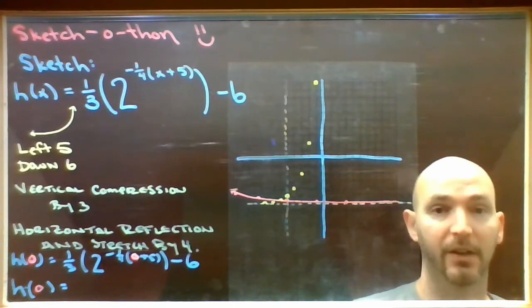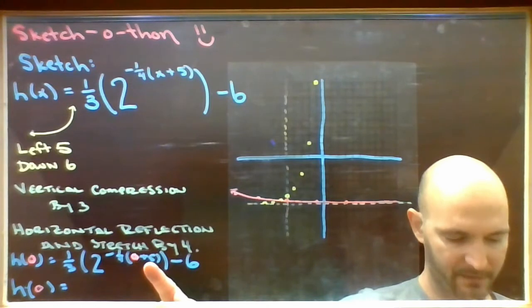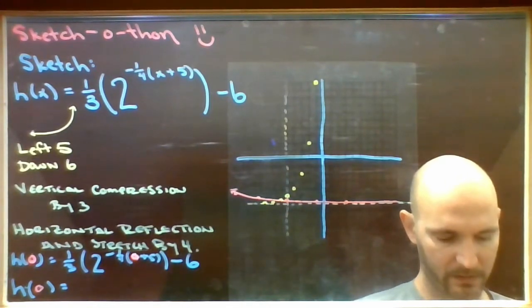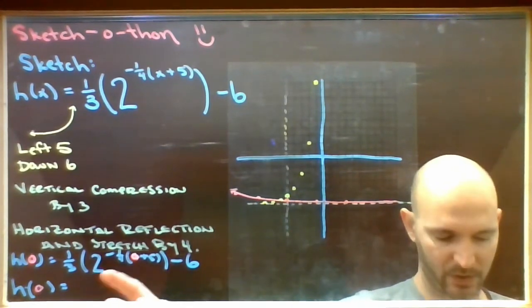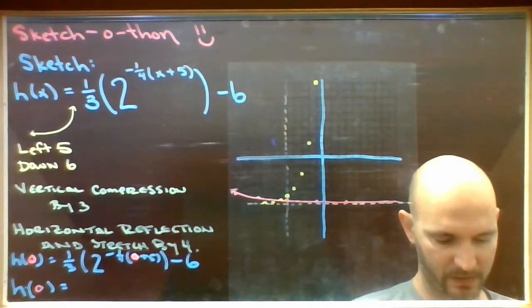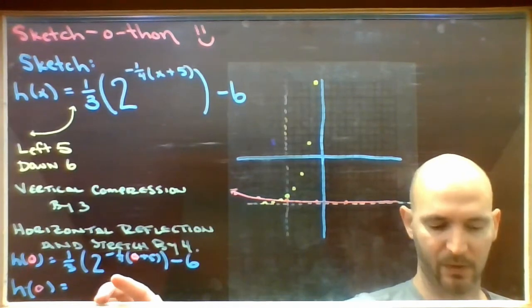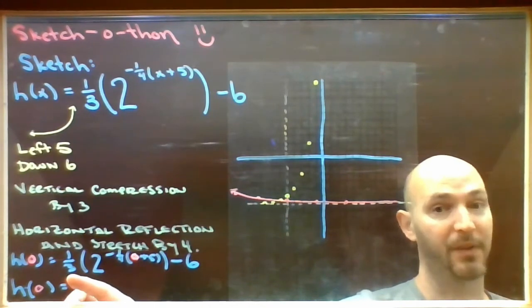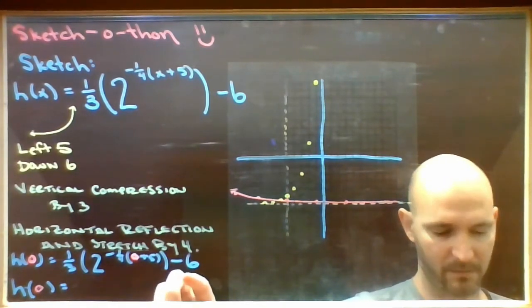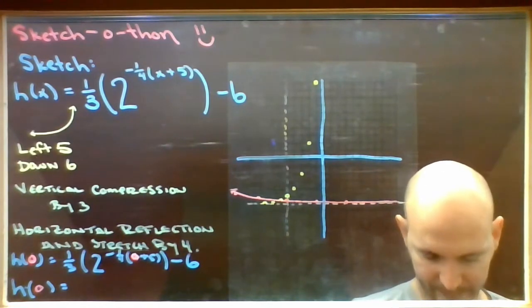So I grab a calculator and do these things in the correct order. 0 plus 5 is 5 times negative 1/4 is negative 1.25. 2 to that exponent is 0.42044 divided by 3, or times 1/3, however you want to look at that, minus 6 gives me negative 5.859.